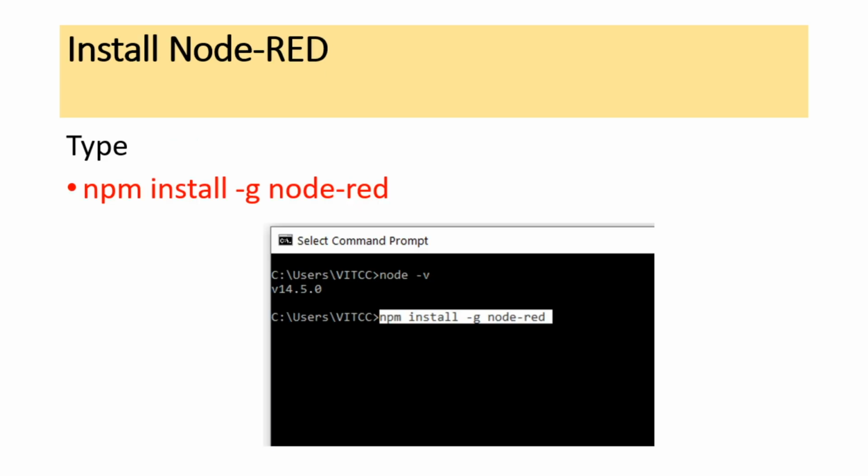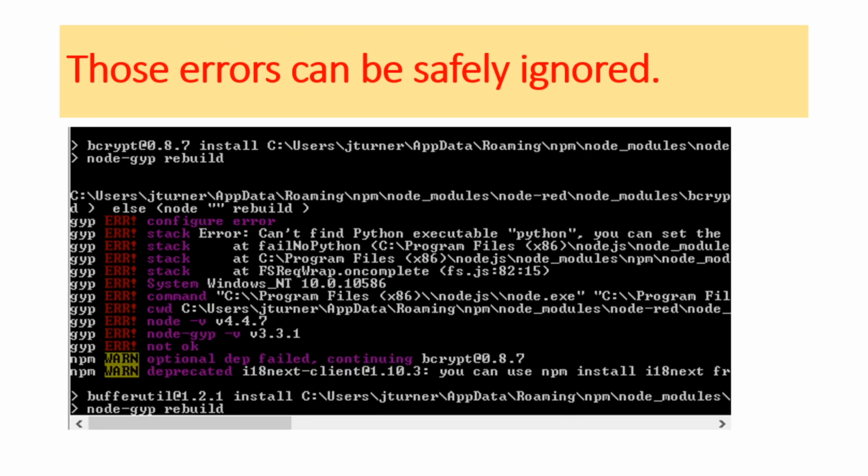Next, to install Node-RED, in the same command prompt you type npm install space -g space node-red. There is no space between node and -red. Type it and press enter.